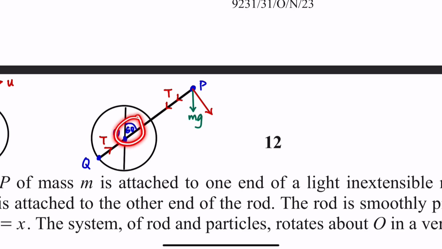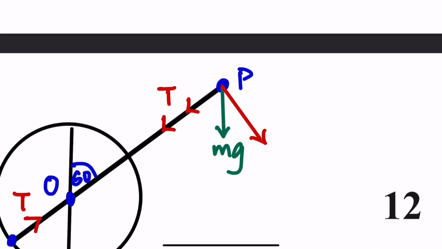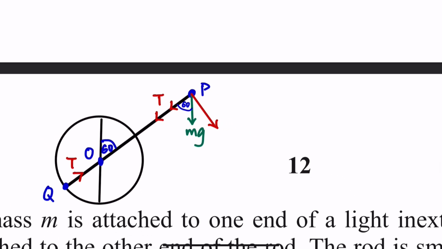We know that this angle is 60, and this is also 60 from the alternate angle, so the weight in this direction would be mg cos 60, and this would be mg sin 60.